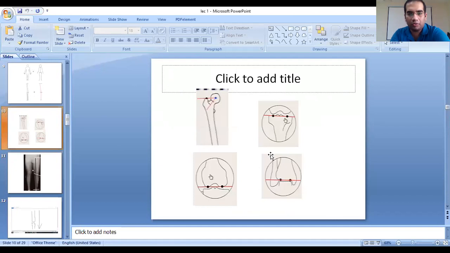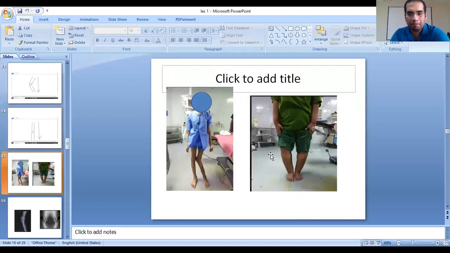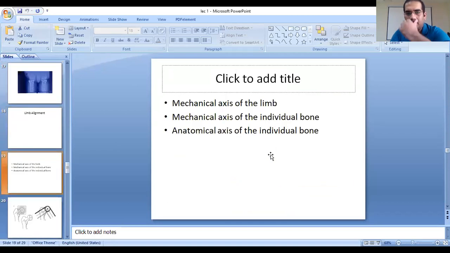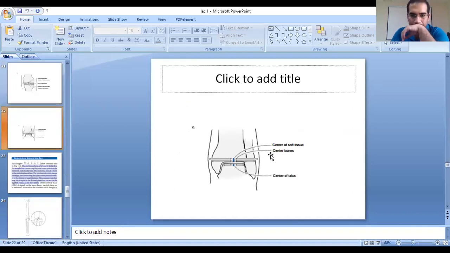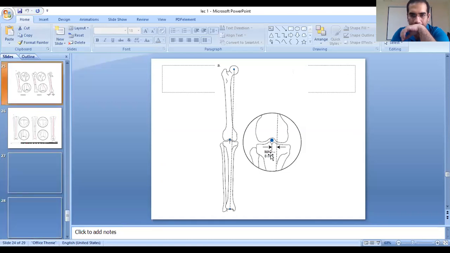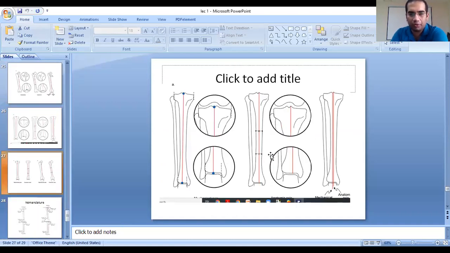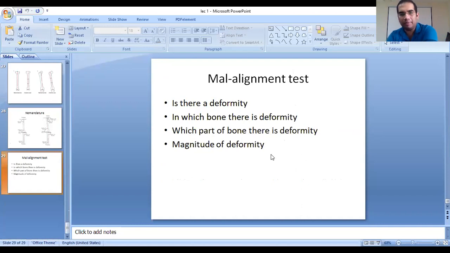You all know how to draw joint orientation lines, how to mark the center of the joints, the mechanical axis of the limb, the mechanical axis of the individual bone, the nomenclature, and the malalignment test, the 4 questions of the malalignment test.